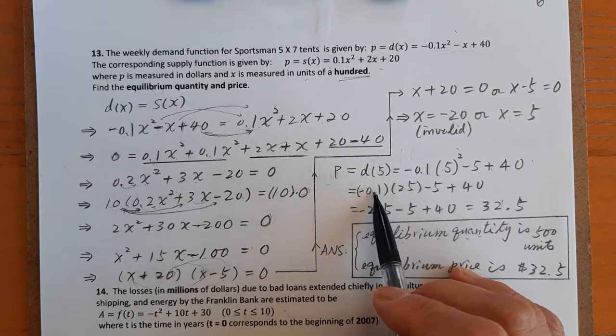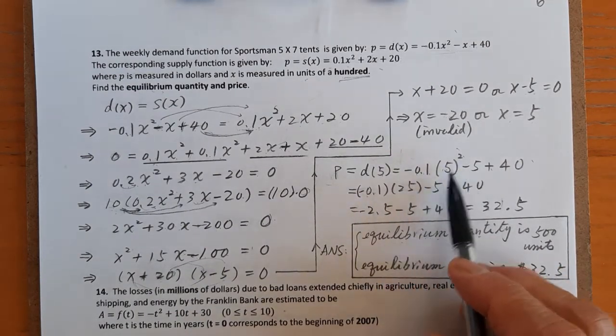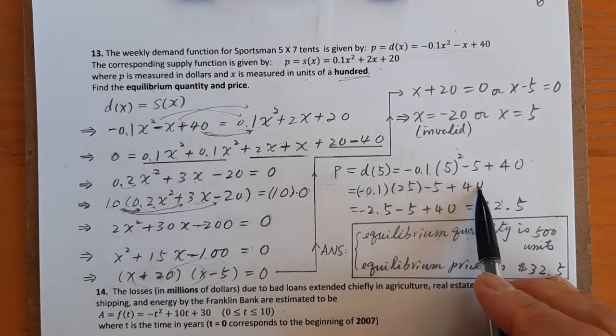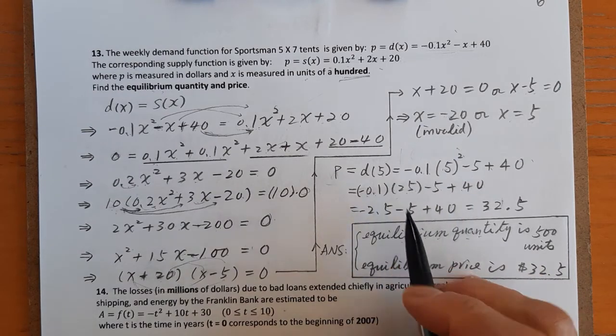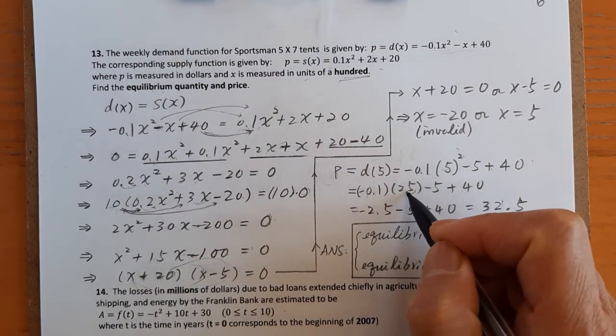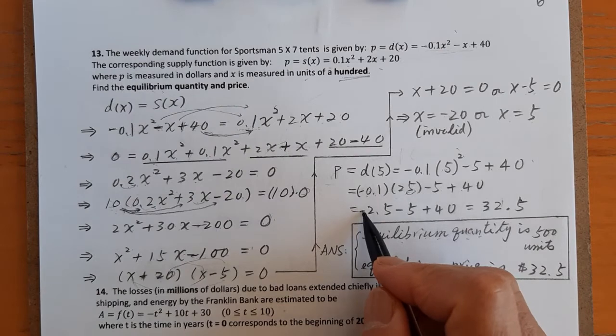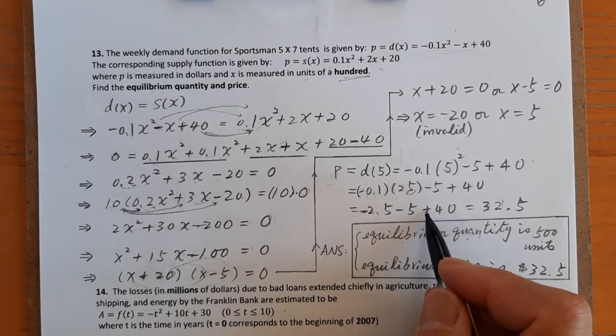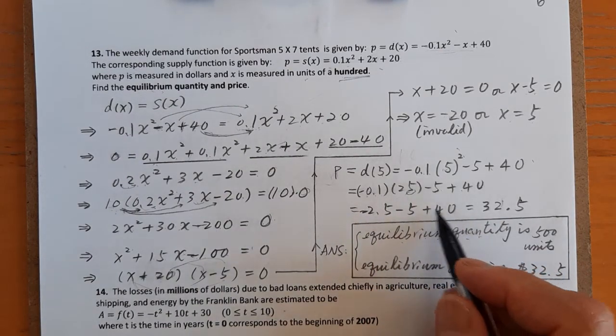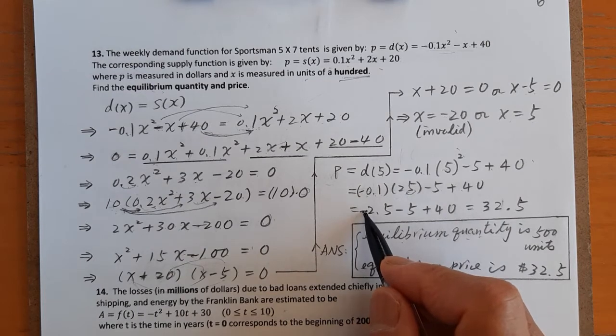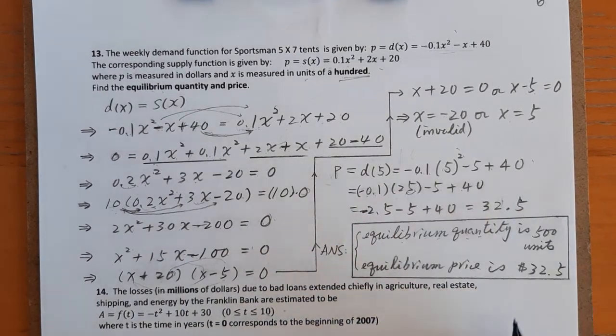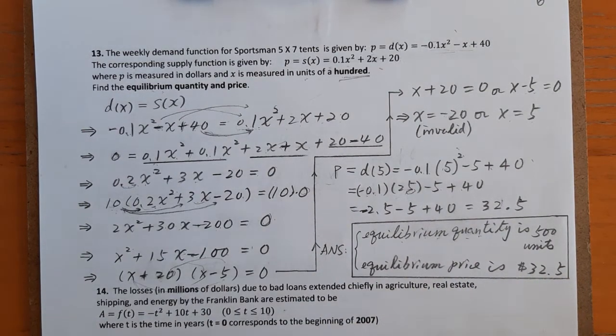So it's negative 0.1 times 25, minus 5 plus 40. Moving the decimal point one position to the left, we get negative 2.5, minus 5 plus 40. So adding together will be 32.5. So the equilibrium price is $32.5.